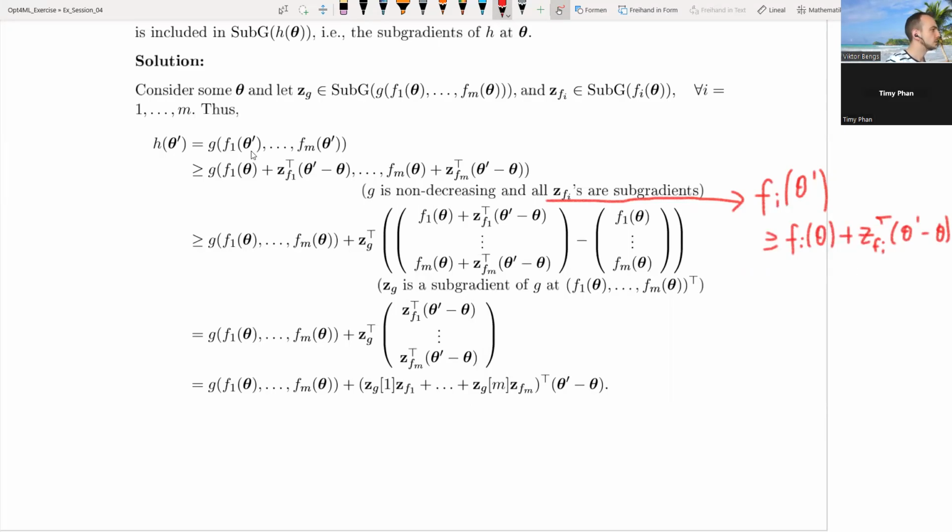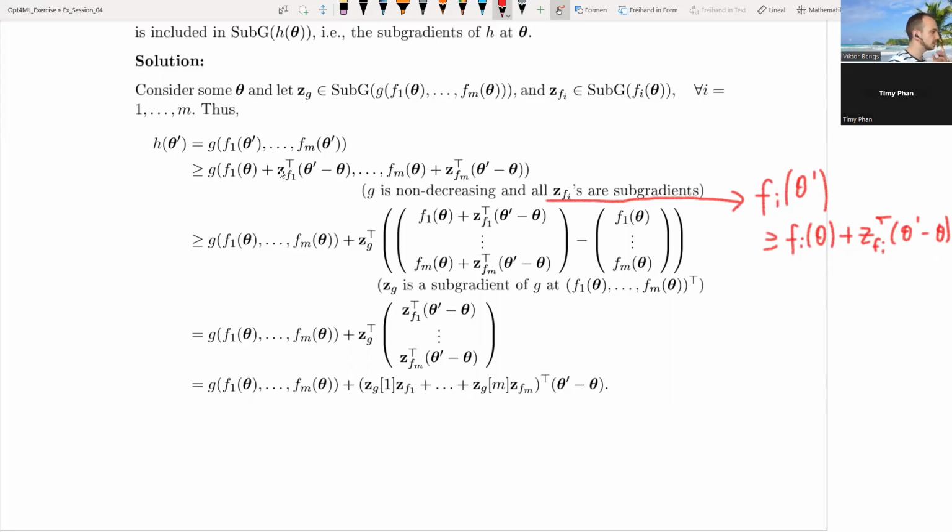And this is what we do here component-wise, and we make this only larger or equal.